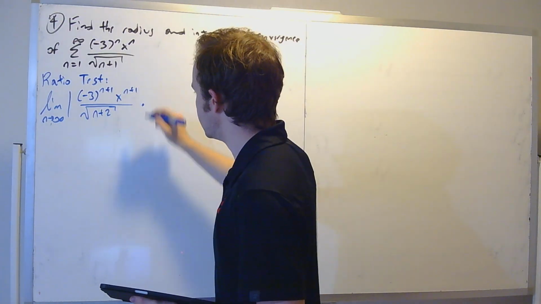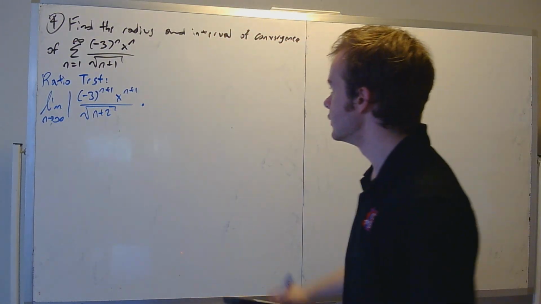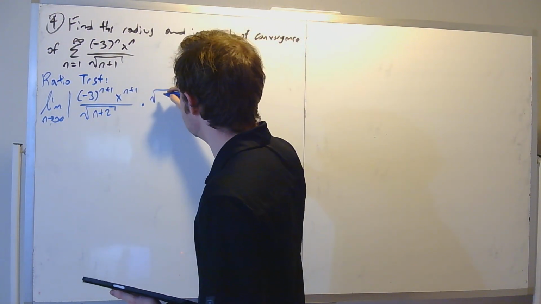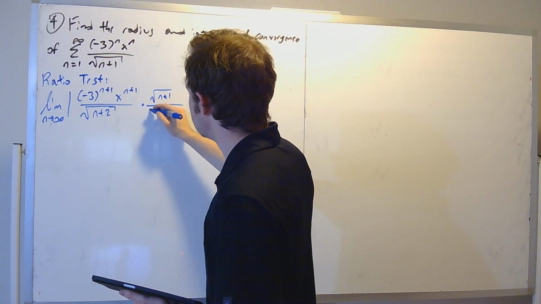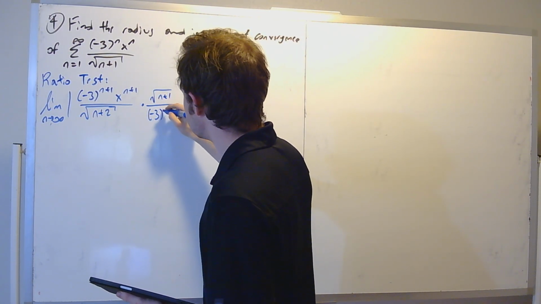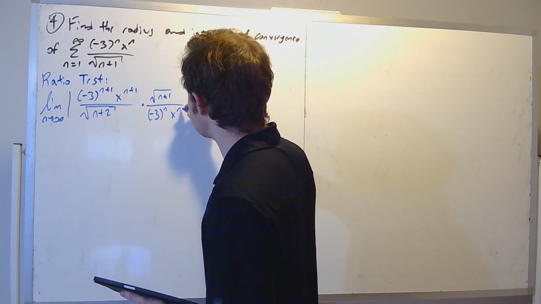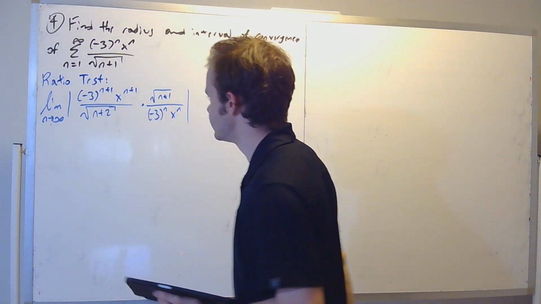And now we multiply by the reciprocal of an, so we multiply by the square root of n plus 1 over -3 to the power of n times x to the power of n.